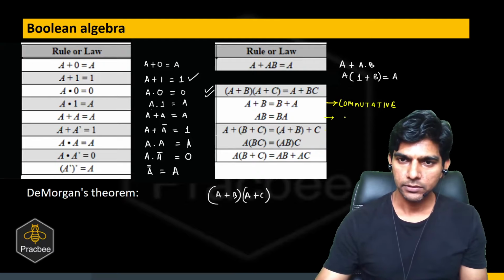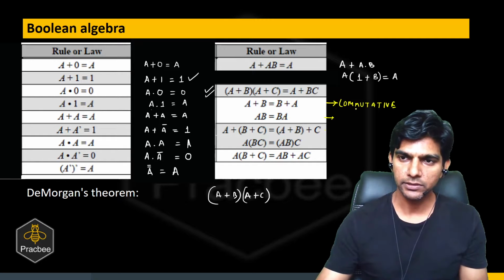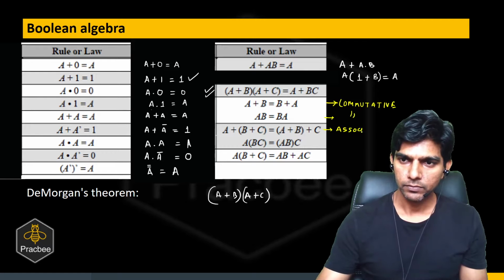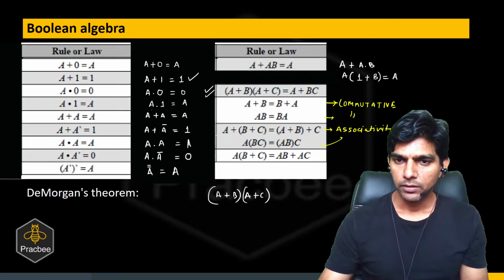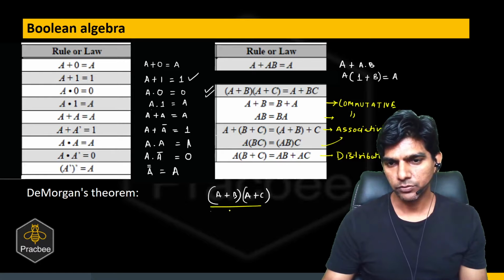And this one is again commutative, in addition. And this is the associativity property in addition, and this is in multiplication. And this is the distributive property. Okay, so let's come back to this question.